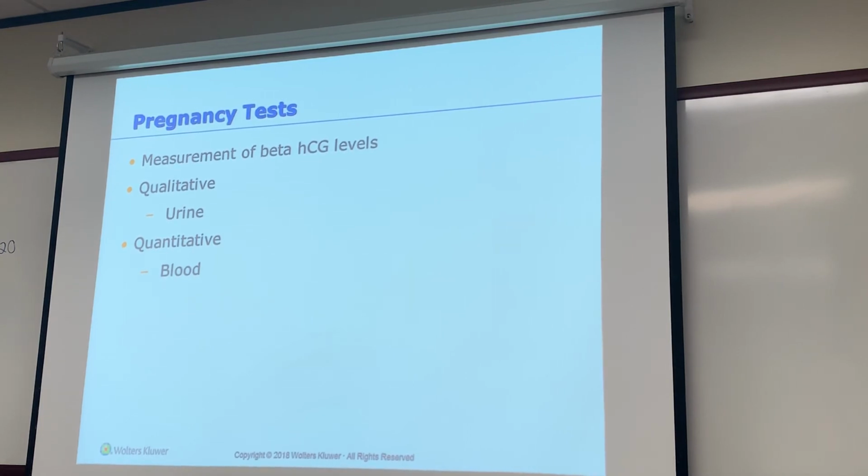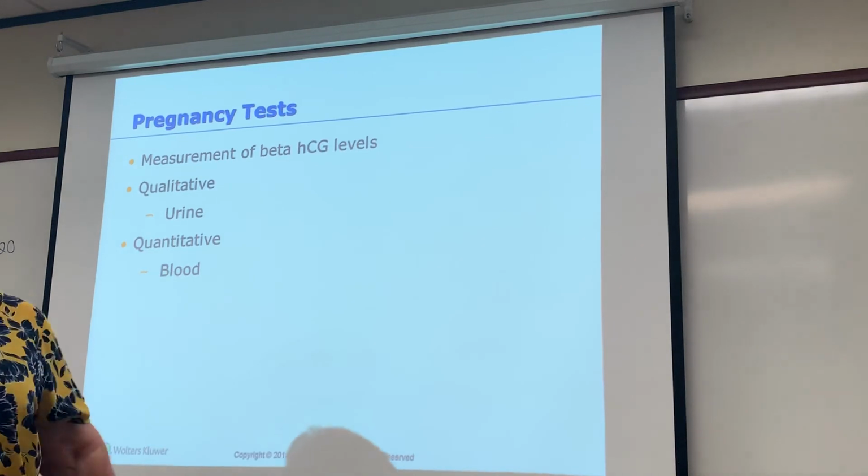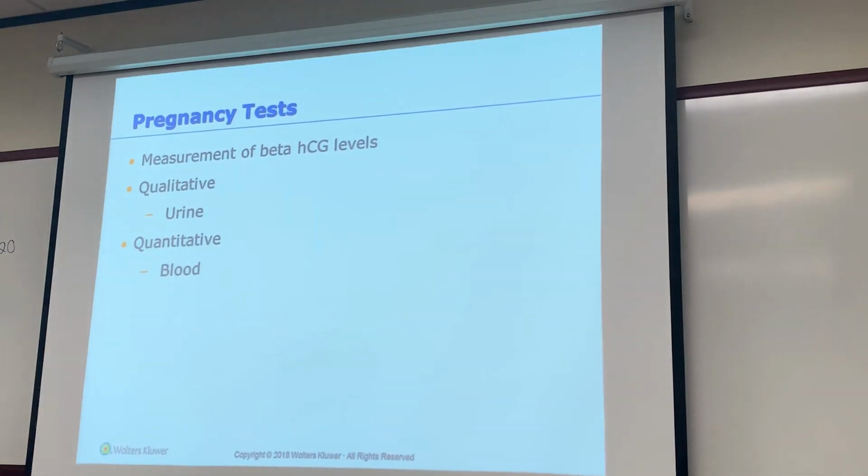Yes, the urine is quantity? No. That's what I was saying too. Oh, I have it wrong. It says the urine tests are qualitative. Urine is qualitative, and blood is quantitative, right? Because the blood has the number attached to it. Quantity, how much something is, that's why blood.